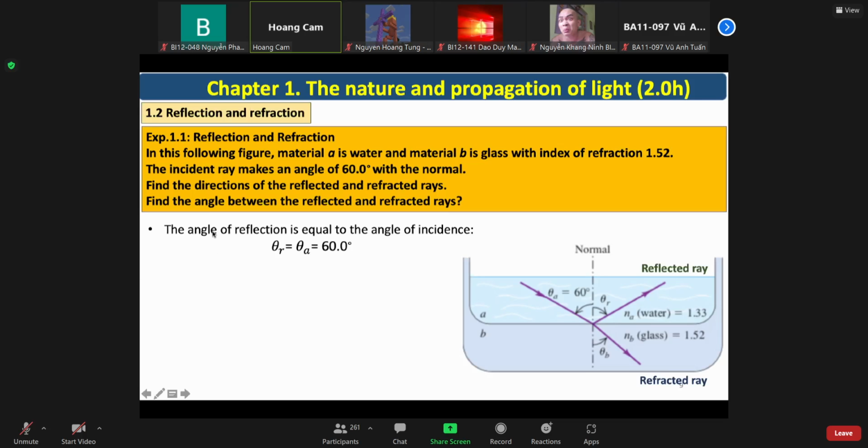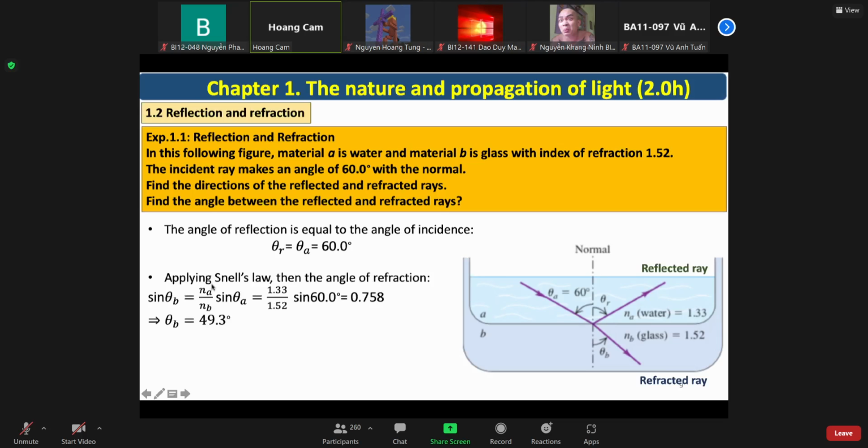The angle of reflection, which shows the direction of the reflected rays, is found from the law of reflection, right? The angle of reflection is equal to the angle of incidence, so theta r equals theta a equals 60 degrees. Correct. And then applying Snell's law, we can find the angle of refraction, theta b.